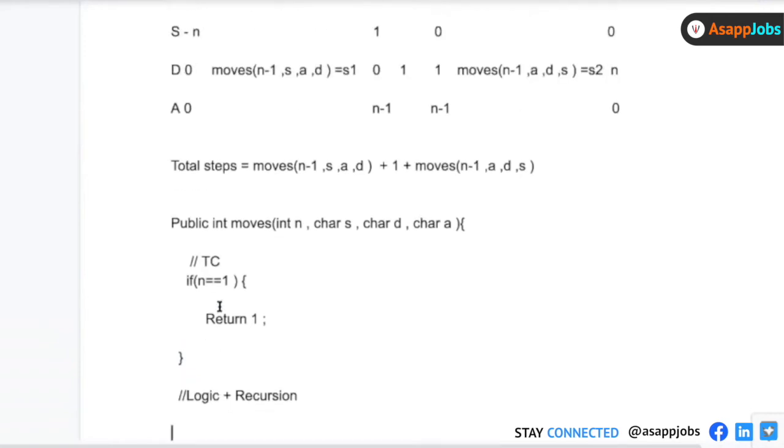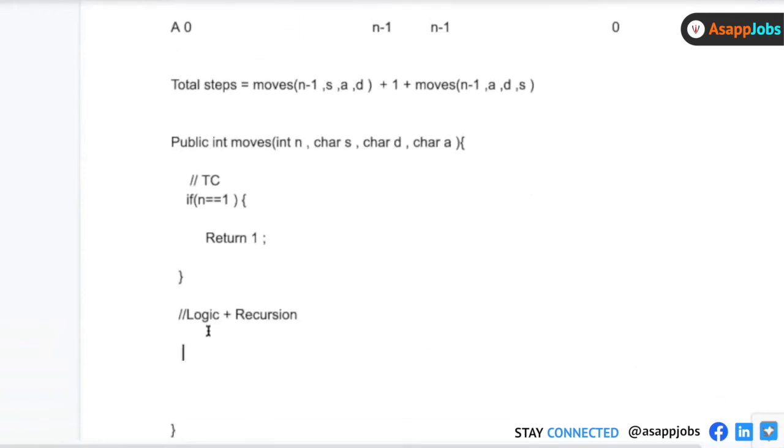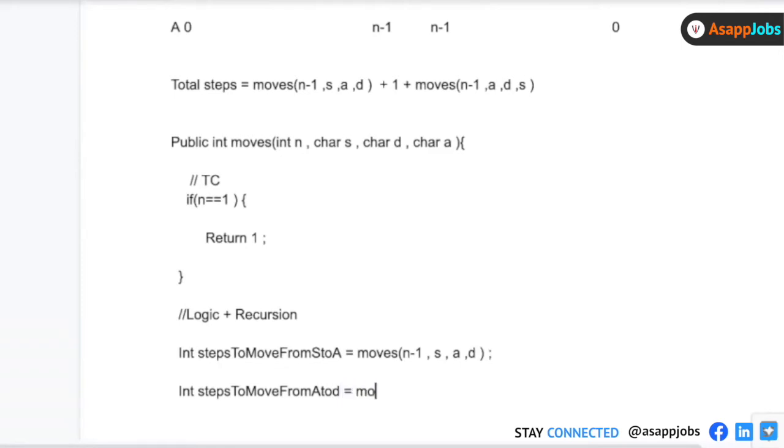What I want is to move the first n minus 1 points from S to the A. For that I have to call this function recursively, to move n minus 1 points from S to A. Then you can store it like this, as steps to move from S to A, and steps to move from B equals to move n minus 1 and D and then A and then S.